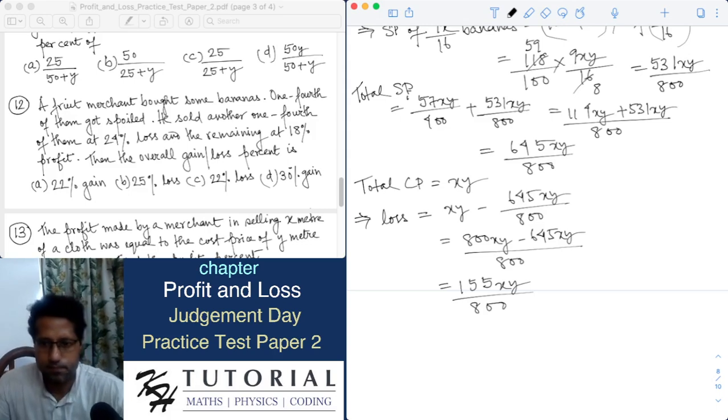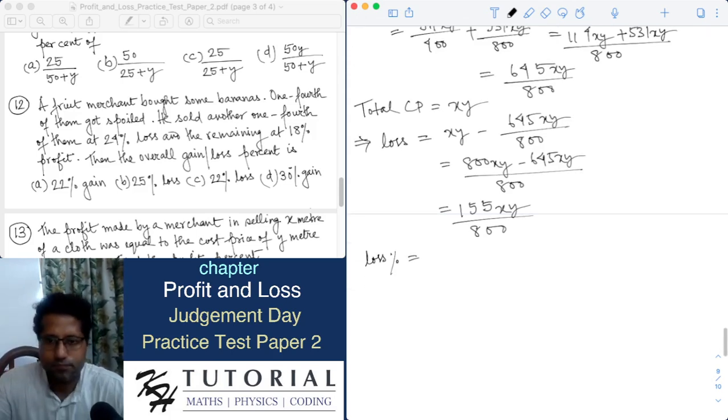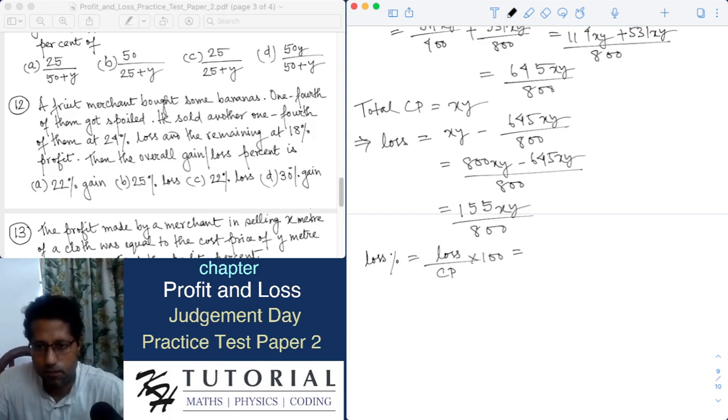Therefore, the loss percent will be equal to loss divided by total cost price multiplied by 100. This is 155xy by 800 divided by the total cost price xy, into 100.